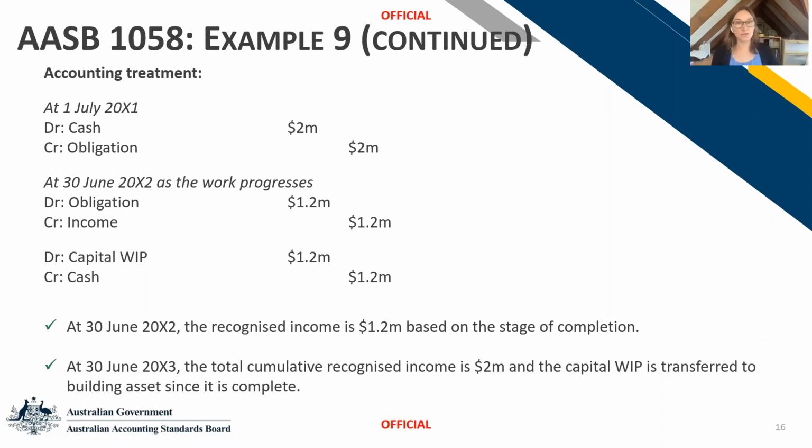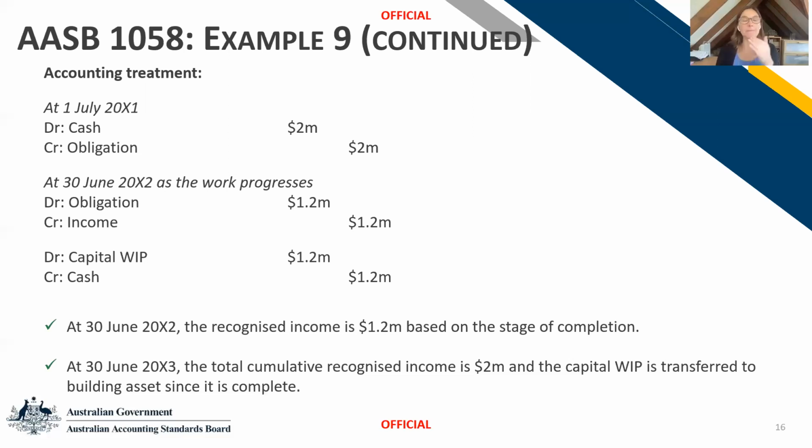Even though you're not transferring the building anywhere else, we'll allow you that same accounting, and the accounting is set out in 1058. So on day one, I received the cash, I debit cash. The credit is to an obligation on the balance sheet to recognise the fact that I have a liability in relation to that money. I have to build the building.